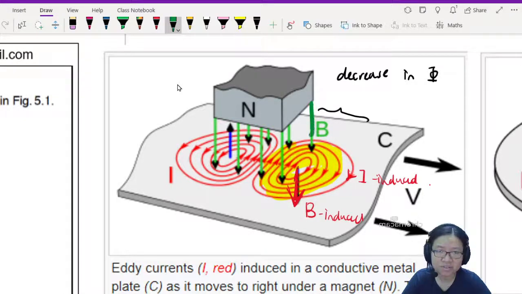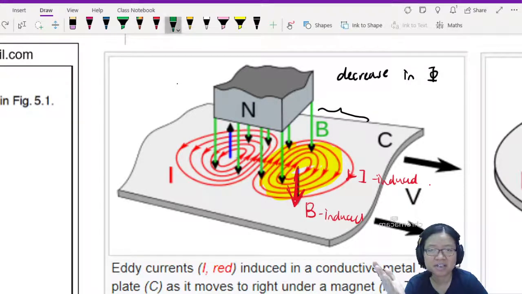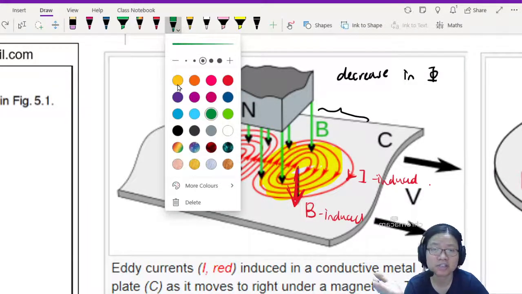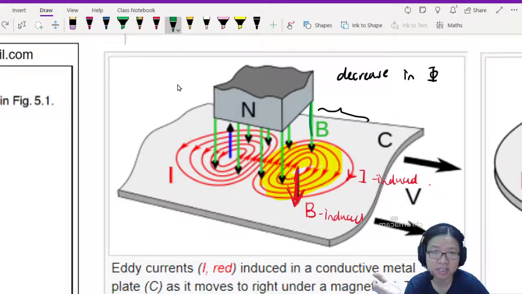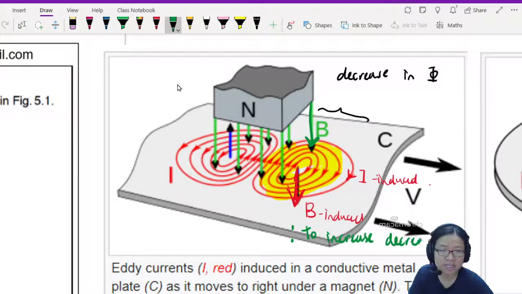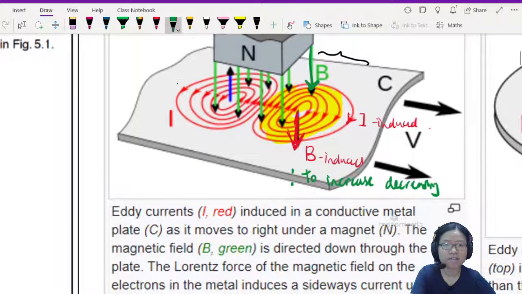And you know the whole idea of Lenz's law is that the current will flow in such a way to oppose the change. So if, for example, your change is to decrease, then the current is like, no, I don't want to decrease. I want to make back the green color field that you have taken away from me. So this B induced is to attempt to increase the decreasing flux.